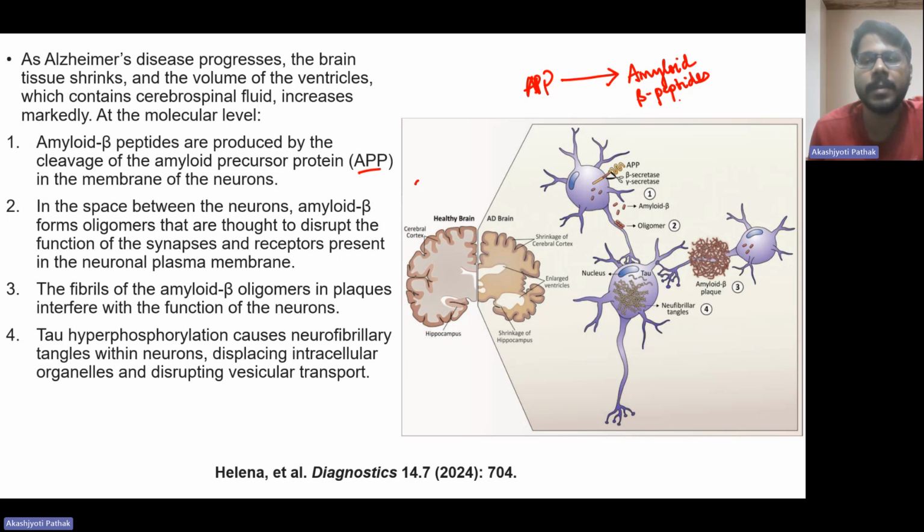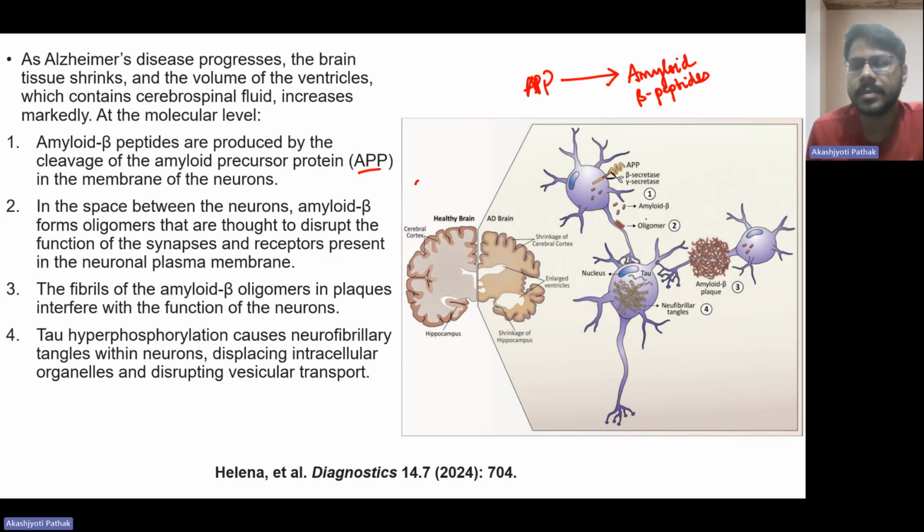Now these amyloid beta peptides undergo aggregation. In the space between the neurons, the amyloid beta forms oligomers. One amyloid beta peptide joins with another, and they associate with each other to form an oligomer. That is thought to disrupt the function of the synapses and receptors present in the neuronal plasma membrane.